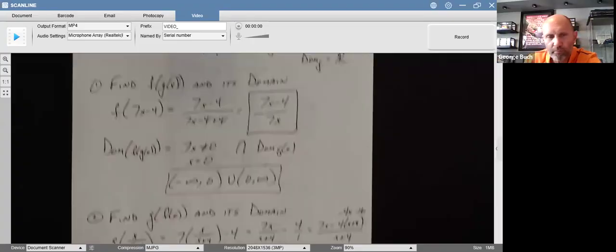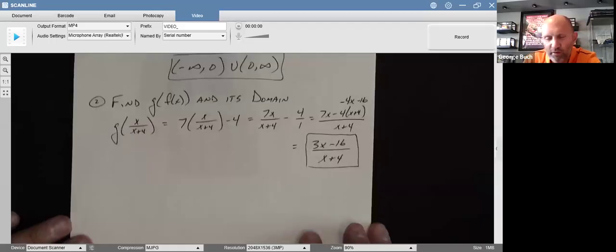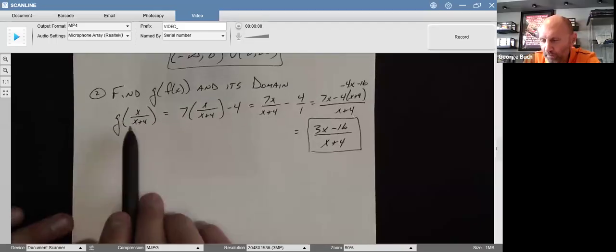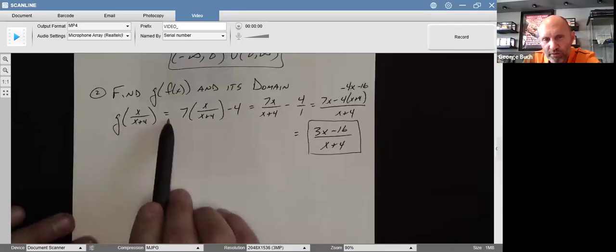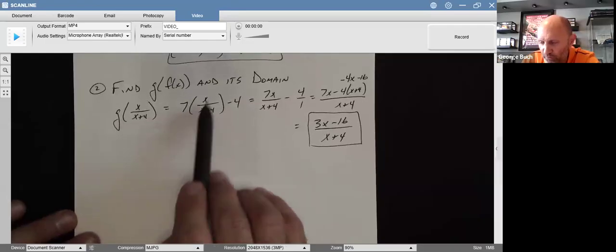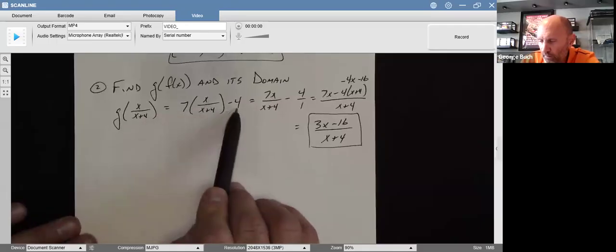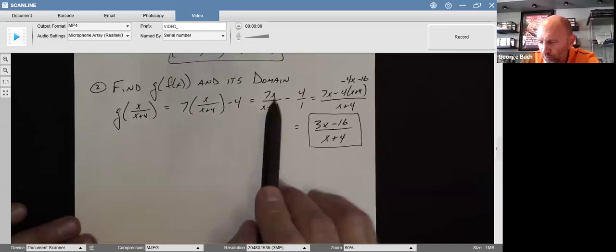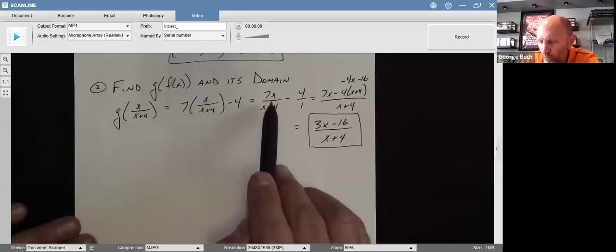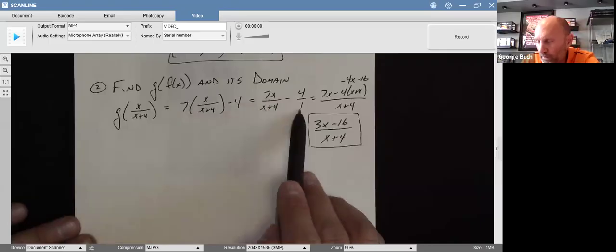Whoops, I'm so sorry. I skipped that whole thing. Sorry. So g of x over x plus 4 is equal to 7 times x over x plus 4 minus 4. So just distribute the 7, so you have 7x over x plus 4 minus 4, or 4 over 1.